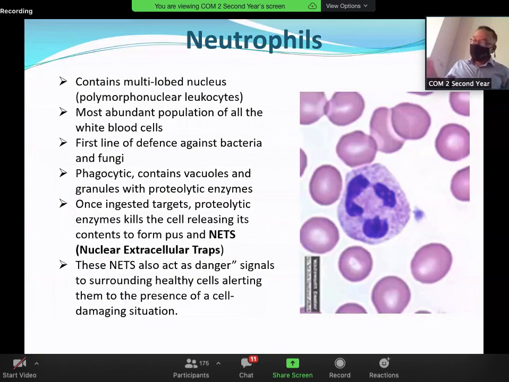The thing about neutrophils, as you can see, they contain all of these granules that I mentioned. When this neutrophil has phagocytosed a target and the granules are released, these granules themselves not only kill the ingested target in the phagolysosome, but also kill the neutrophil itself.